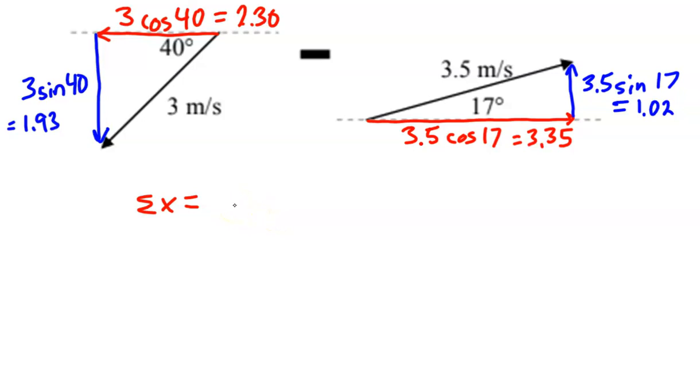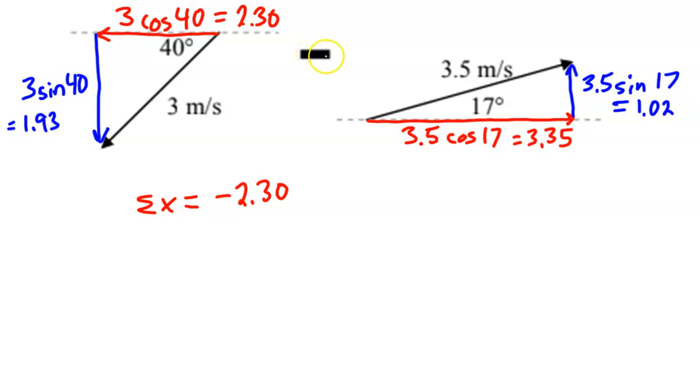For the x direction, I have 2.30 pointing to the left. So that's negative. Left is negative in math, right is positive unless told otherwise. So negative 2.30.